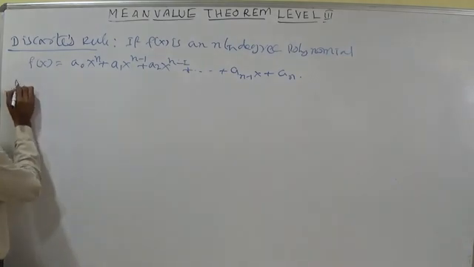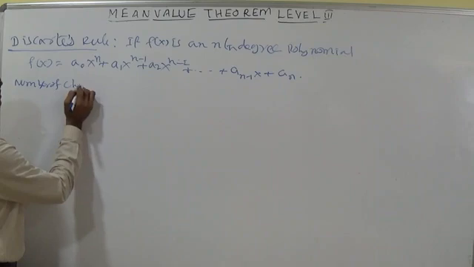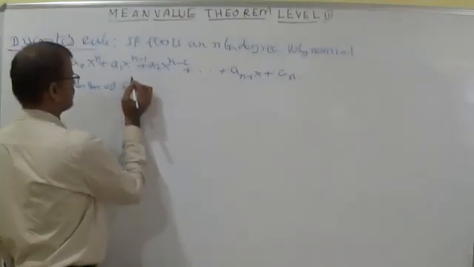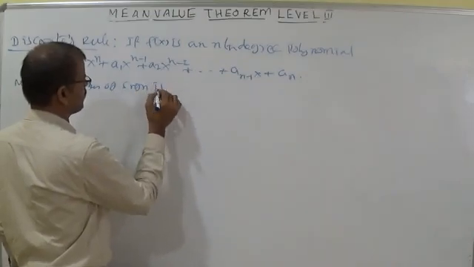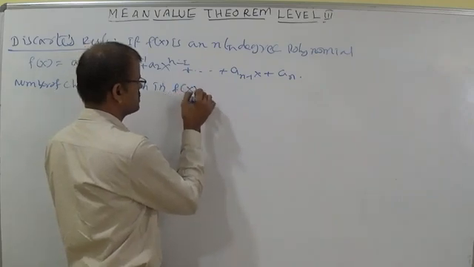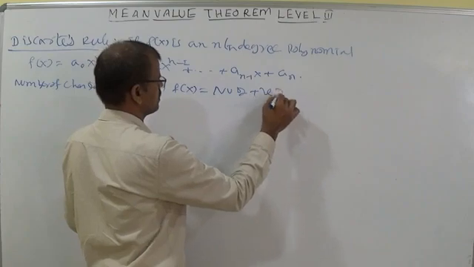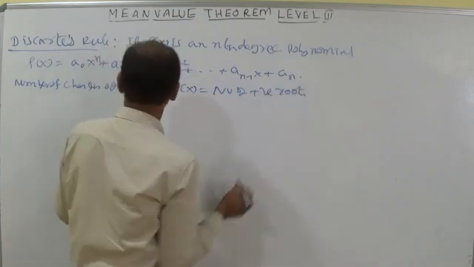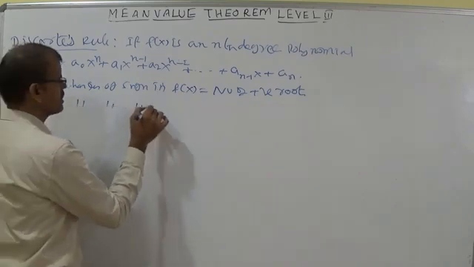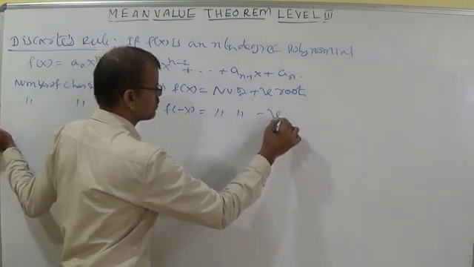The number of changes of sign in f of x is equal to the number of positive roots. Next, the number of changes of sign in f of minus x is equal to the number of negative roots.